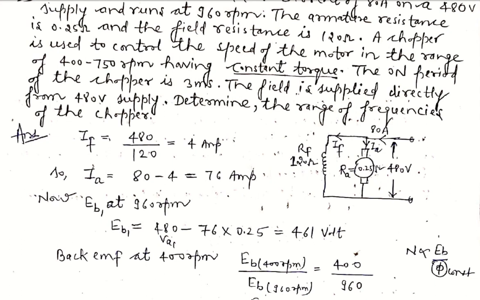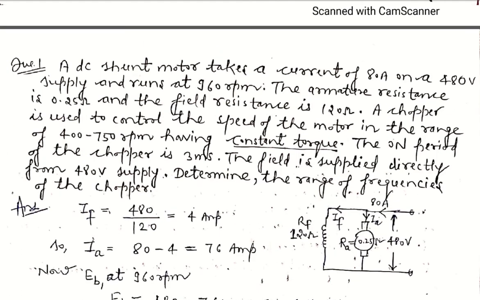Now we have to calculate the back EMF corresponding to the speed range, 400 to 750 rpm, which we have to control using this chopper configuration. If we calculate the back EMF corresponding to 400 rpm and 750 rpm, we can easily calculate the range of frequencies for the chopper operation.